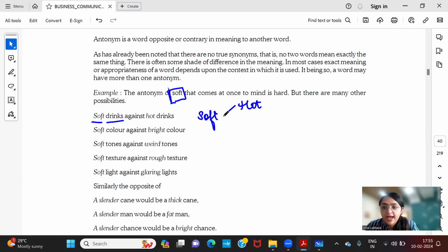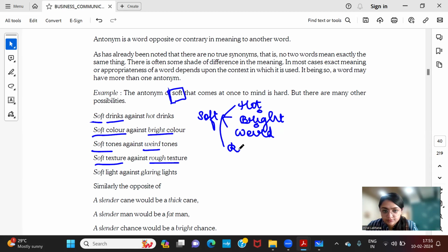So hot drinks as against soft drinks. Then there will be a soft color as against a bright color. Next, soft tones against harsh tones. And then we have soft texture as against rough texture. Then we have soft light as against glaring lights.